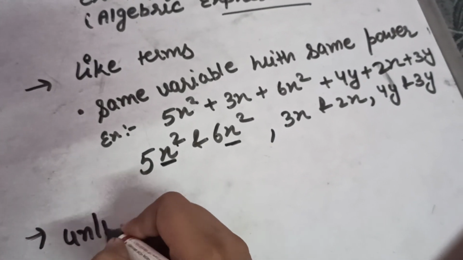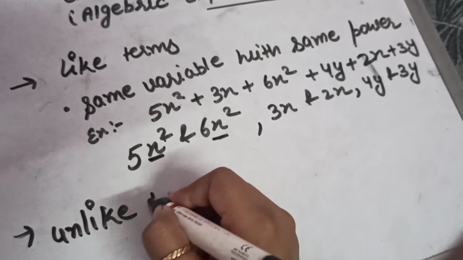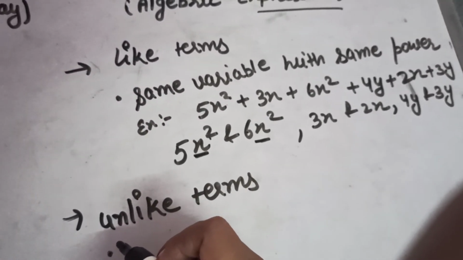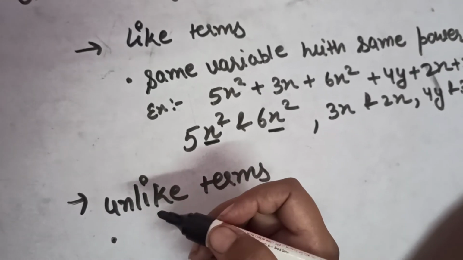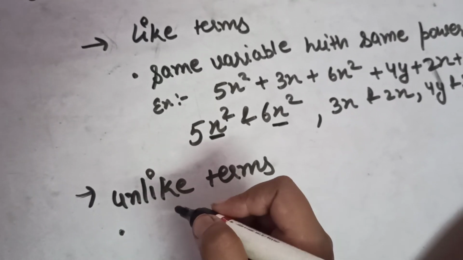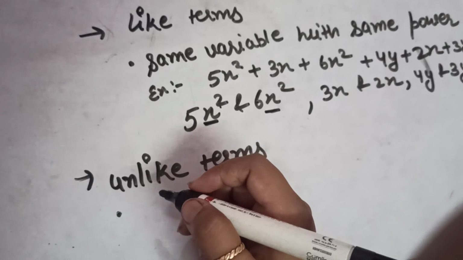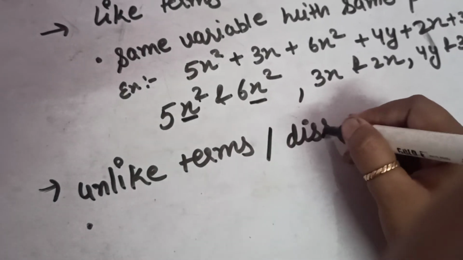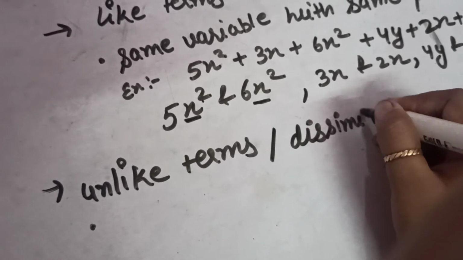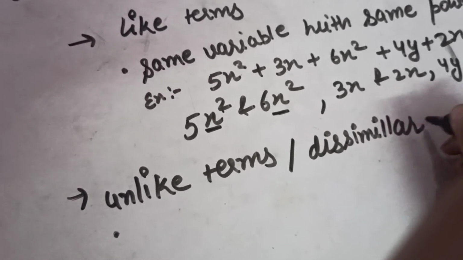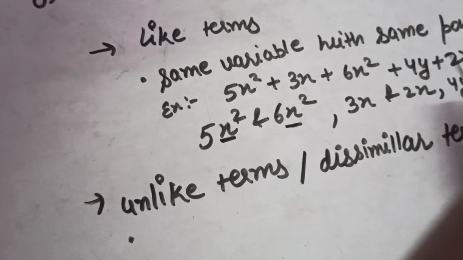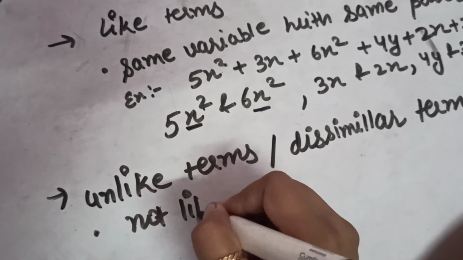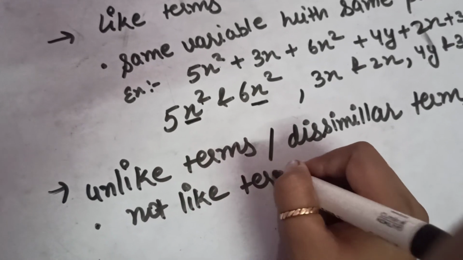Now unlike terms. Unlike terms are the opposite of this. Terms that are not like terms are called unlike terms, or you can say dissimilar terms, right?